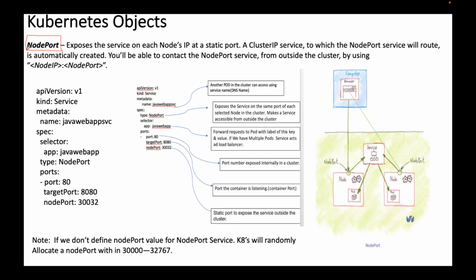Now I want to access that application from outside the cluster. Do I need to create a service of type NodePort? Yes. So when I create a service of type NodePort, it will expose the service on each node IP at the node port.